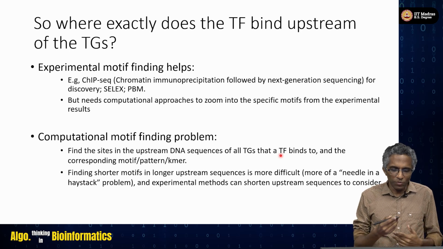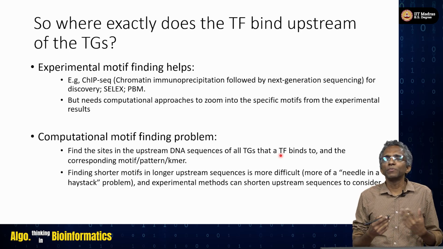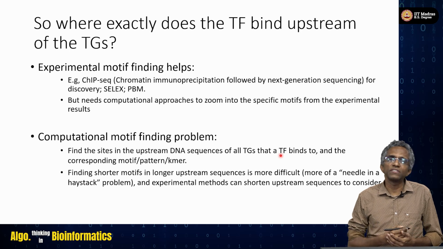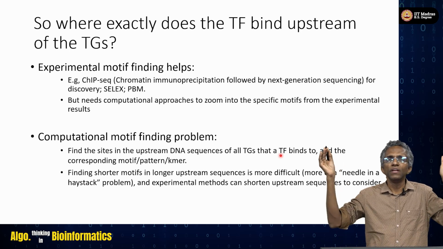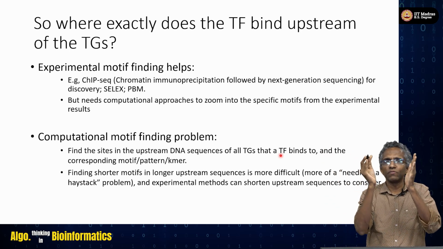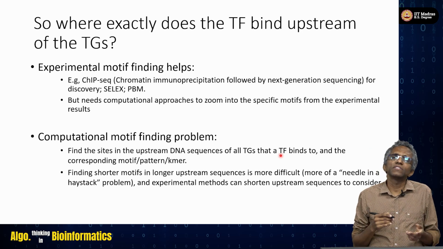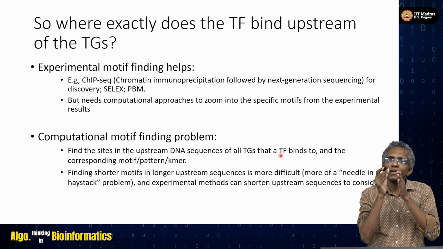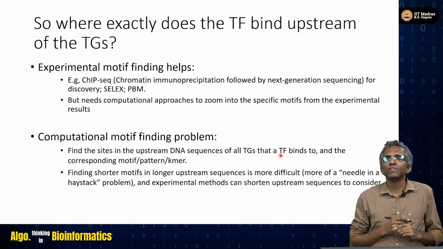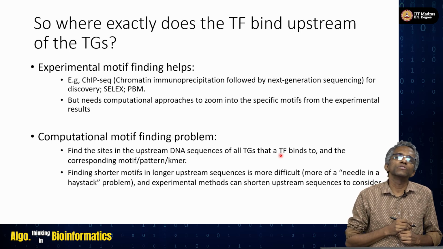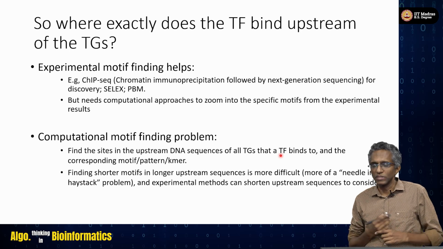So, you need some form of handshake between these experimental and computational approaches. The experimental approaches should restrict the region of the upstream sequences that we are interested in looking at, and then the computational approaches should help to narrow in within those and find out the exact particular site within those shorter sequences where the motif is likely to be in.